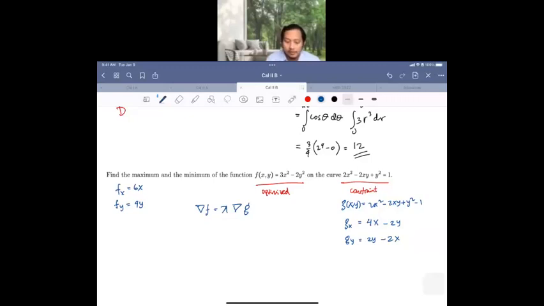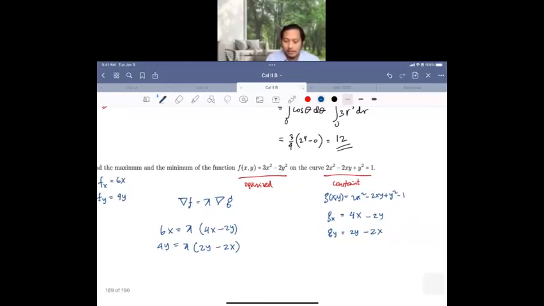For example, 6x is lambda times (4x minus 2y), and 4y is lambda times (2y minus 2x). And we also need the constraint to make sure that we have some limitations in our calculations.